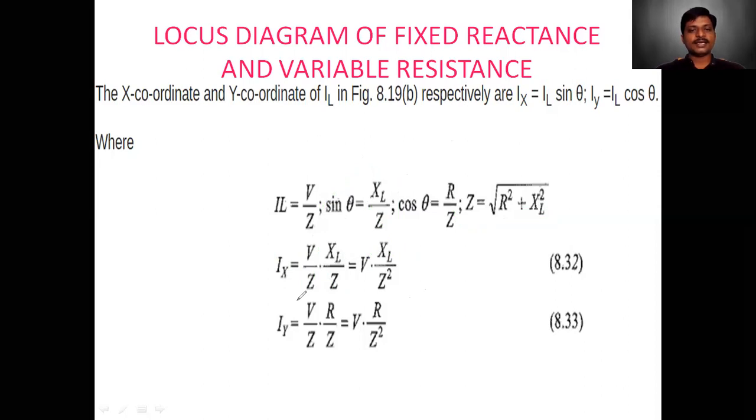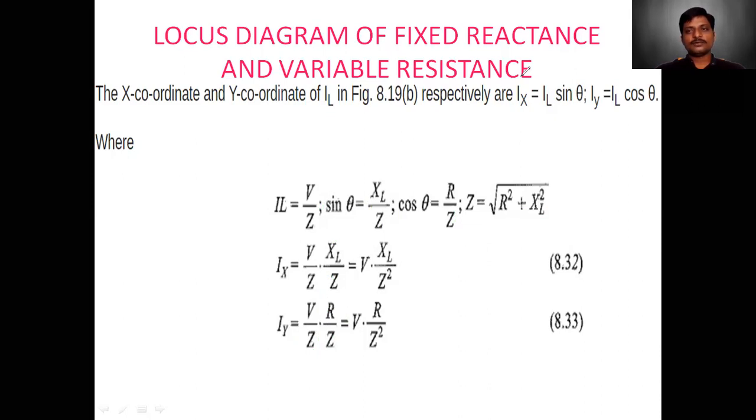Then take Iy, and we know already Iy is equal to IL cos theta. Instead of IL I will write V by Z, and instead of cos theta I will write R by Z. Therefore we get V into R by Z square for Iy. Let us take that as a separate equation.